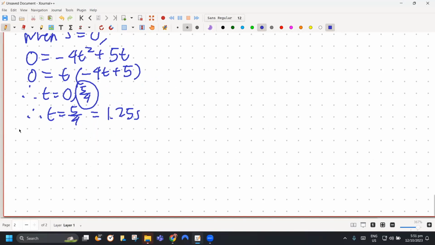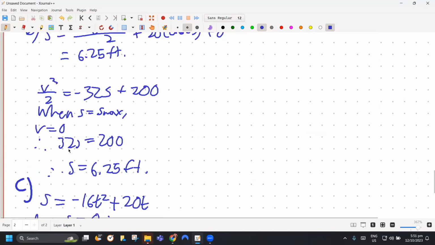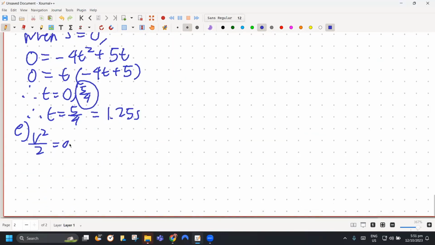So, for letter E, V square over 2 equals AS.